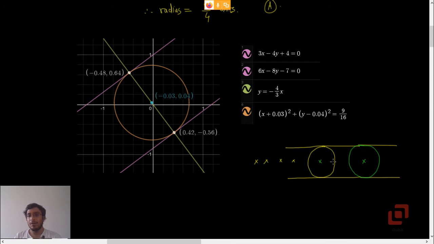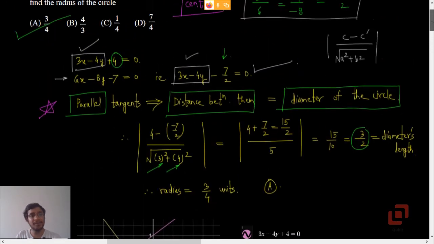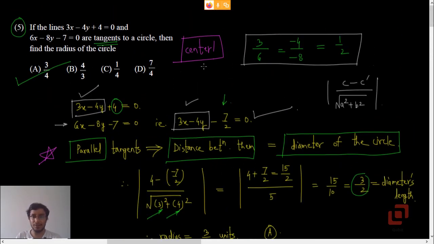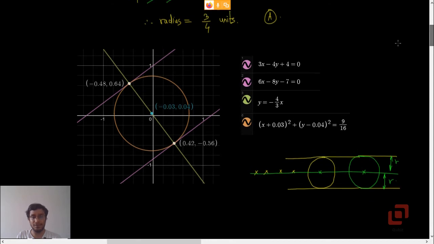Each and every point on a line which is equidistant from both these lines can act as the center of any circle. Okay, that is the reason why they have not asked us the center of such a circle, simply because there are infinitely many circles. But all of them have the same radius, and that radius is equal to 3 by 4 units. Okay, and one of them is what you can see in the figure.